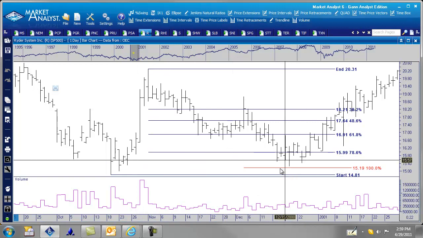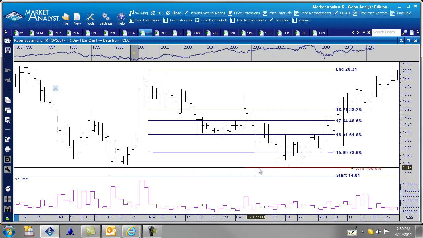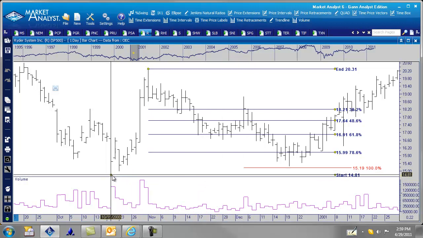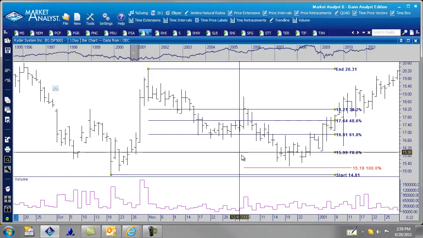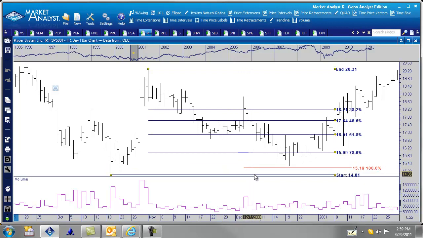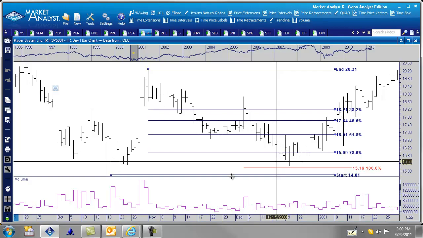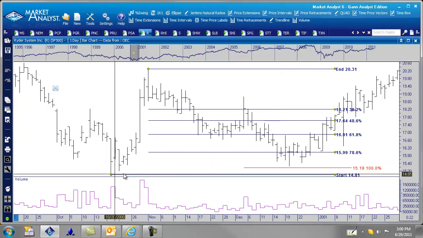You notice that the price extension tool is closer to the 100% level versus the 78.6. So in this case, the analysis is telling us that this should make a double bottom. So what you could do is put a buy order in here on the low of this bar here.